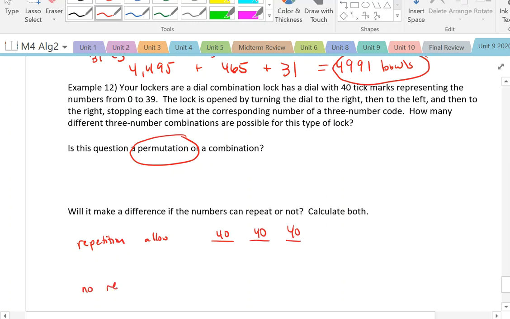That gives 64,000. If we're not allowing any repetition, I would have 40 options here, 39 options here, and 38 options here. 40 times 39 times 38 is 59,280.